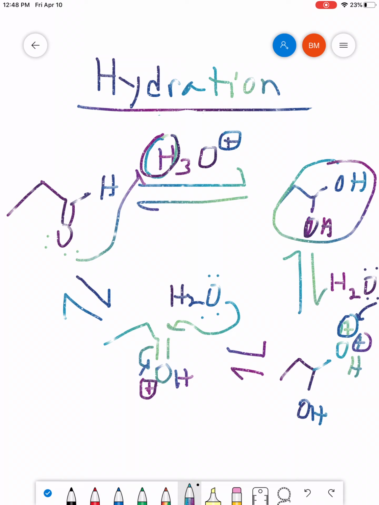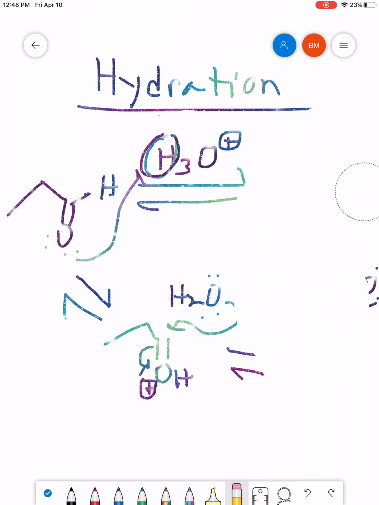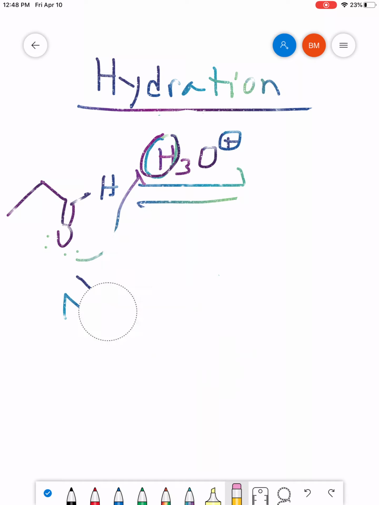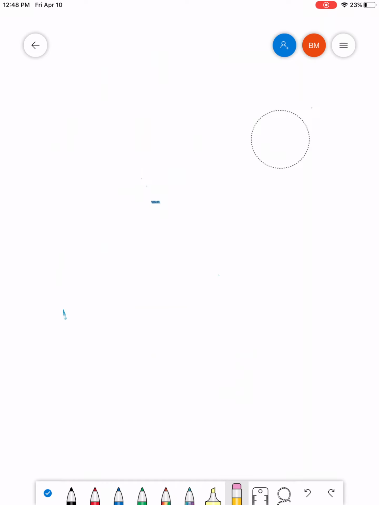One last thing I want to show you is an interesting situation in which this reaction can be found. There is a molecule called chloral hydrate.